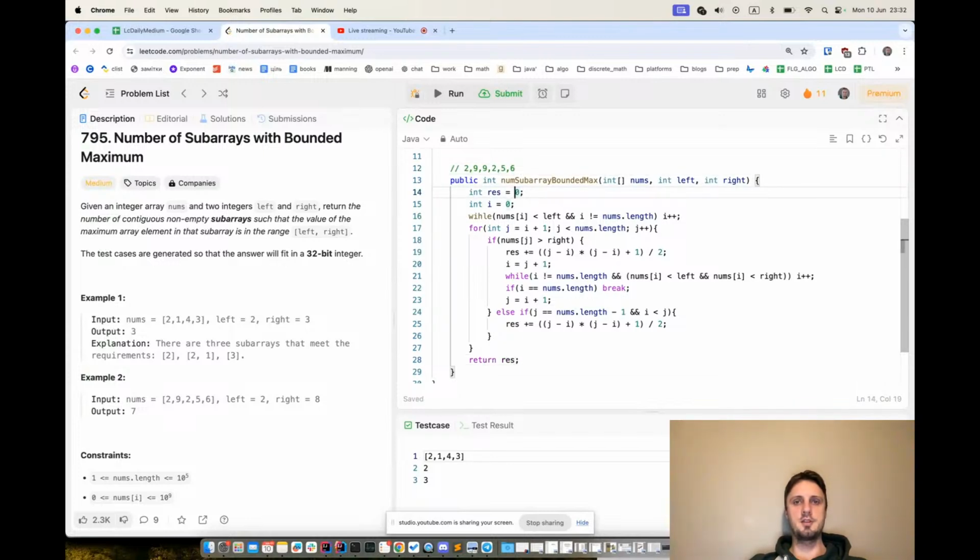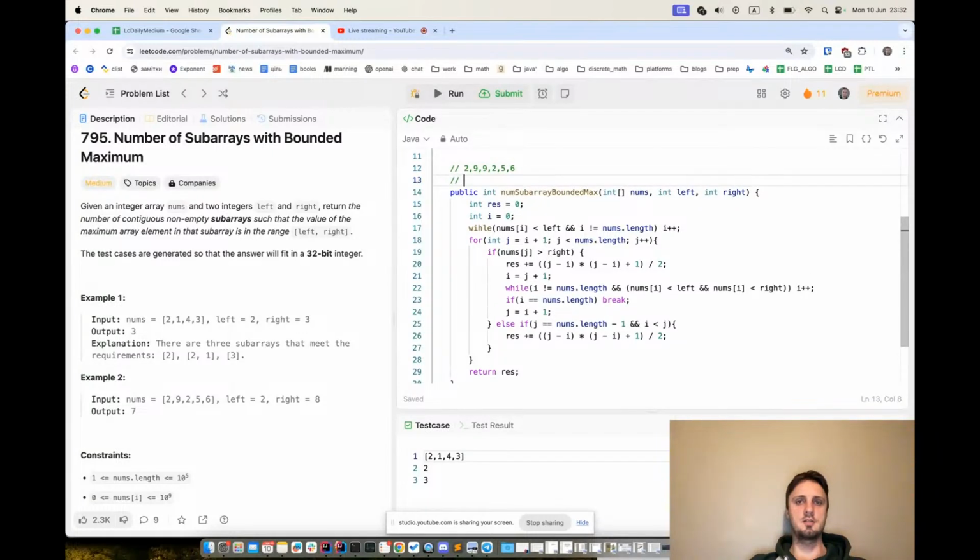Let's try to dry run with this test case. So I have 2, 9, 9, 2, 9, 2, 5, 6, left 2, right 8, and let's check. What do we do here?